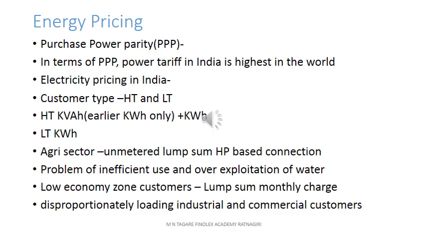Now with this purchase power parity, let us turn towards electricity pricing in India. If we consider the picture of the entire world, the power tariff in India for the industrial and commercial sector is highest. For example, the PPP average tariff in India is 30.8 cents per kWh.